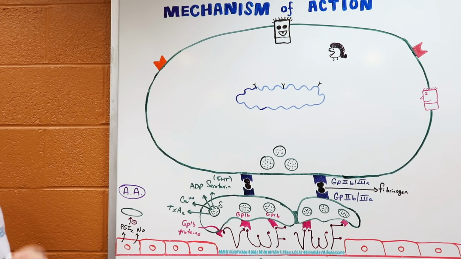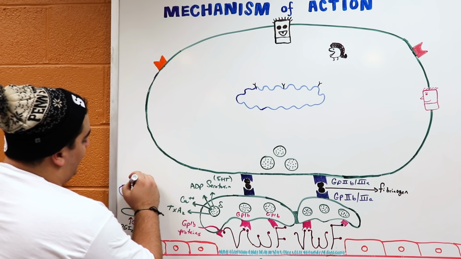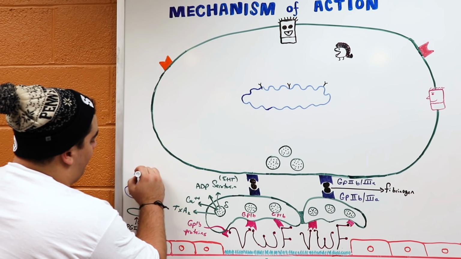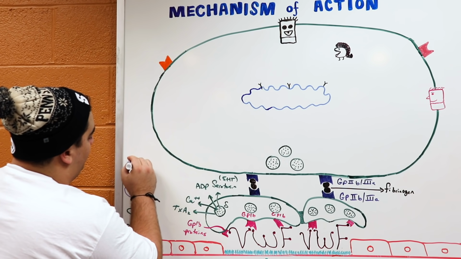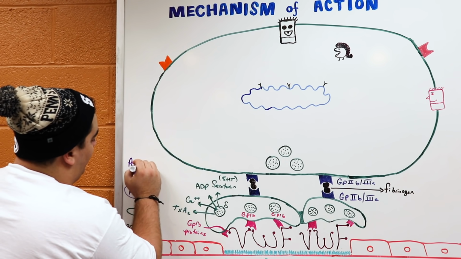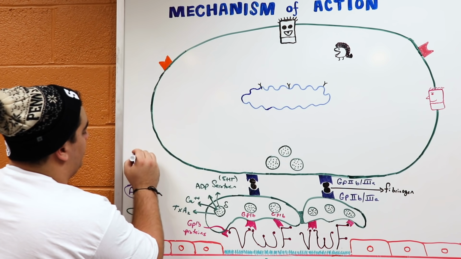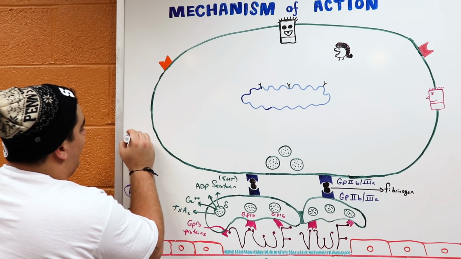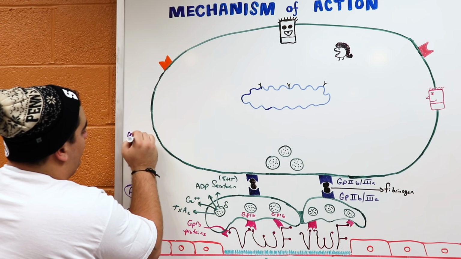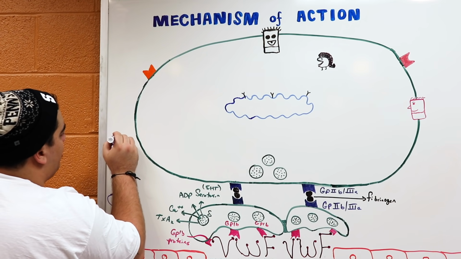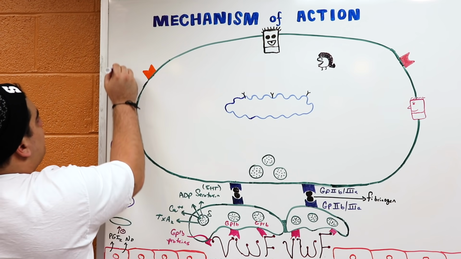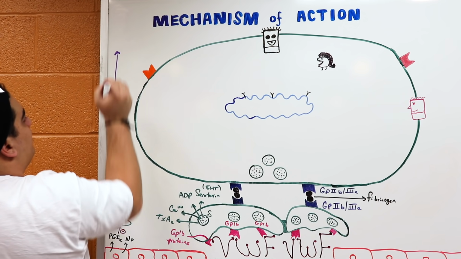Arachidonic Acid is actually going to be broken down through a specific enzyme into what's called prostaglandin G2. Then it's metabolized again into prostaglandin H2. Which is actually going to be metabolized into two different components here, right?